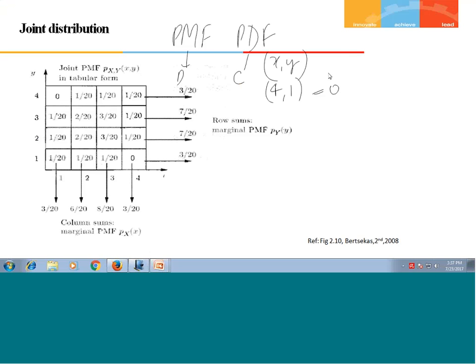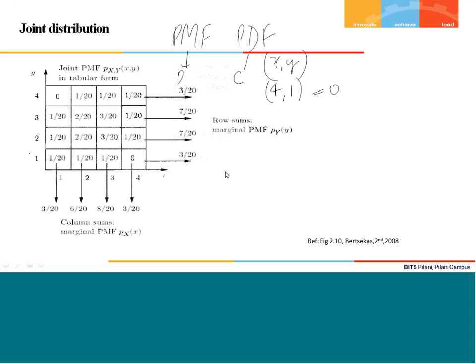Now once I have a joint probability distribution and somebody comes and asks me what is the probability that y is 1, how will I calculate it?